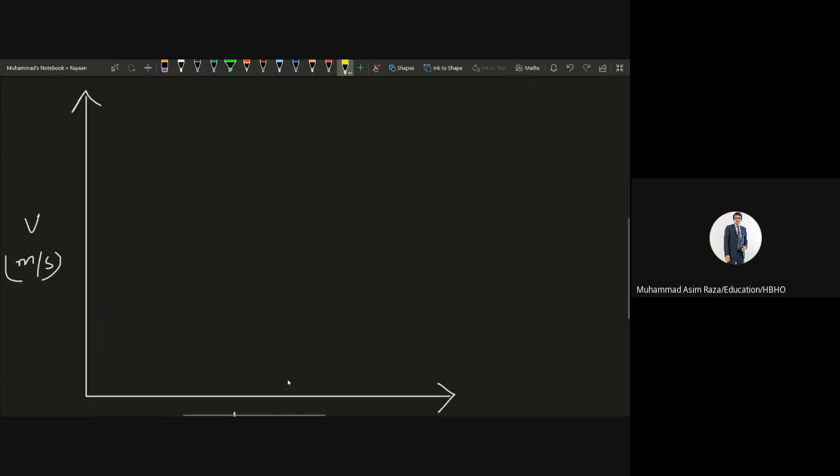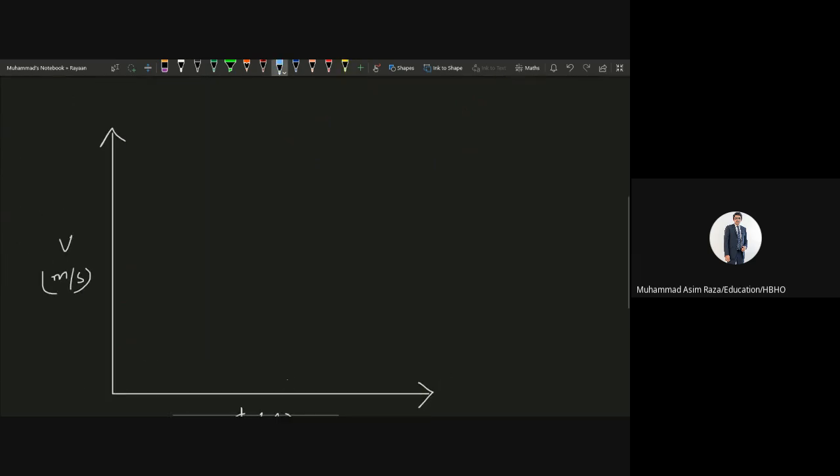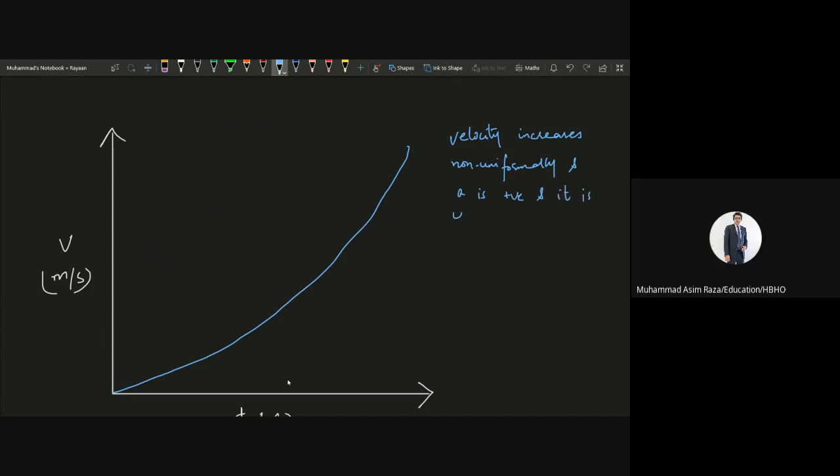Over here, we can say that velocity increases non-uniformly and acceleration is positive and it is increasing.